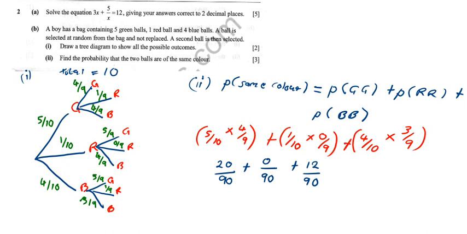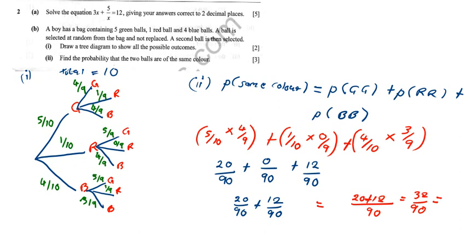So we just remain with 20 over 90 plus 12 over 90. We have 90 as our common denominator. So it will be 20 plus 12, we are getting 32, so it is equal to 32 over 90.